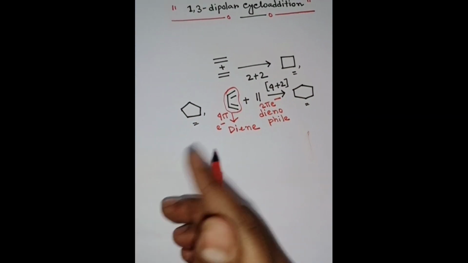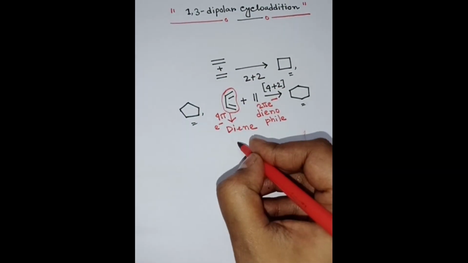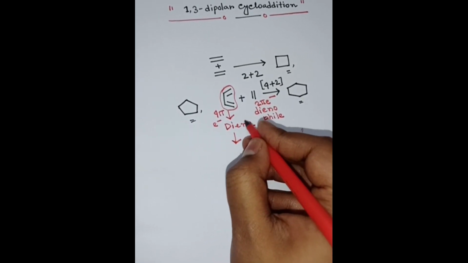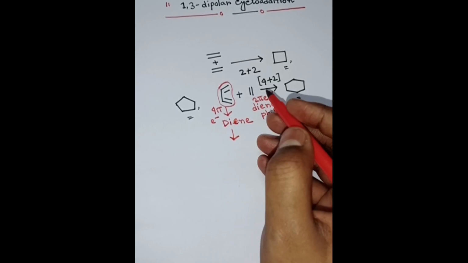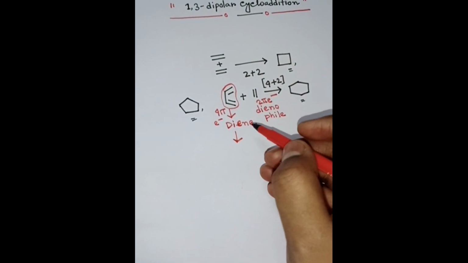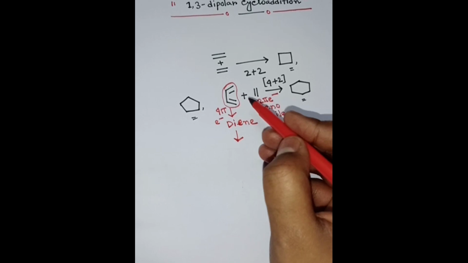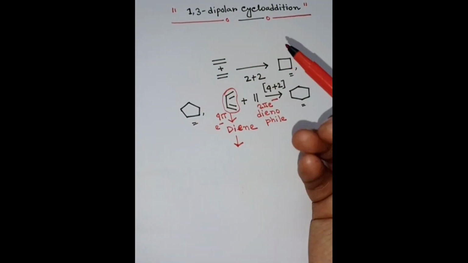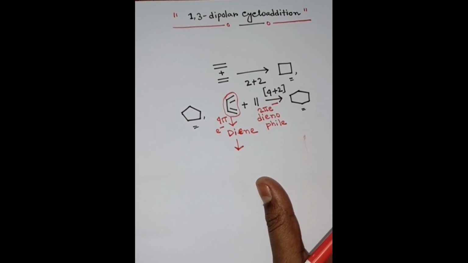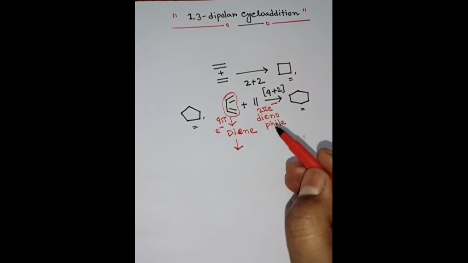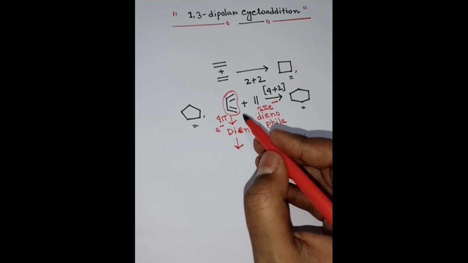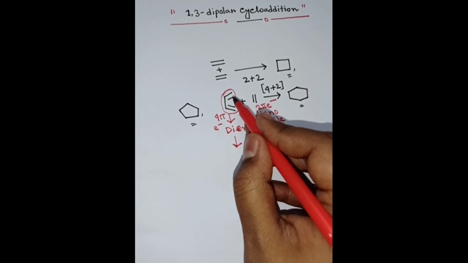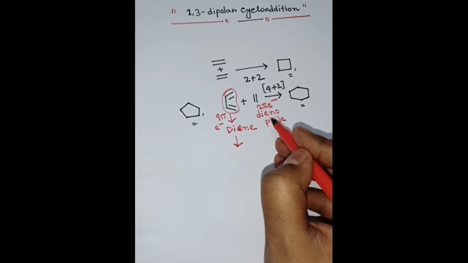Now in 1,3-dipolar cycloaddition also we have two components, like in 4+2 cycloaddition, where one part is diene and another part is dienophile.